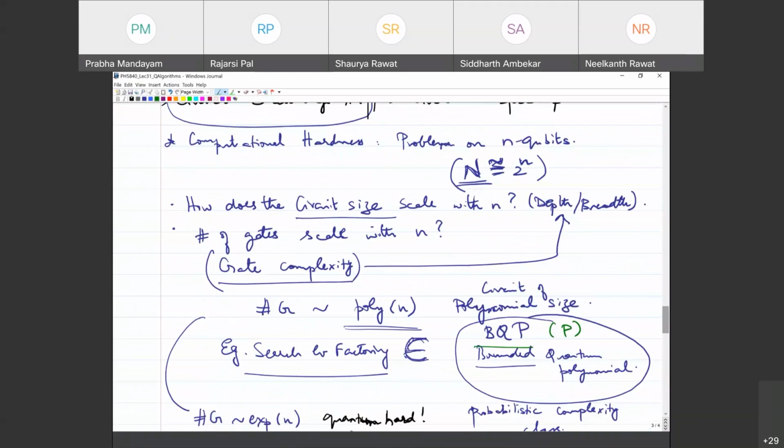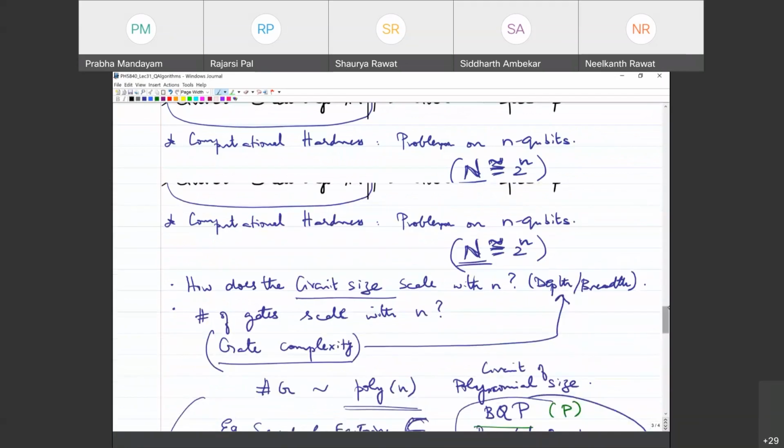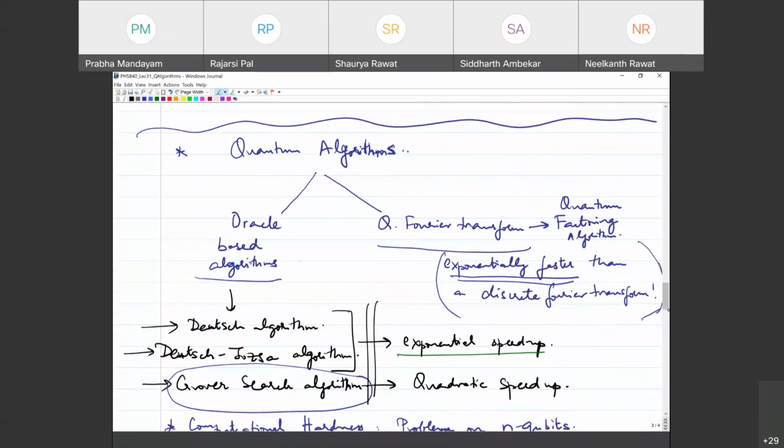Okay, so I said that there are two ways of doing algorithms. There is one which is these Oracle-based algorithms, and the other which are the Fourier transform-based algorithms. And factoring is a Fourier transform-based algorithm. The Oracle-based algorithms, you don't really talk in terms of gate complexity.